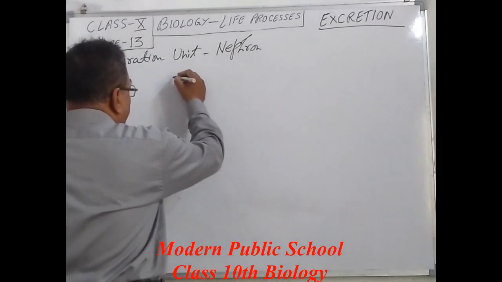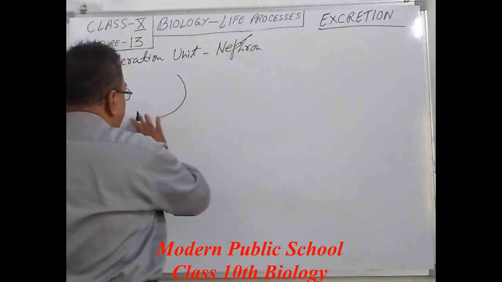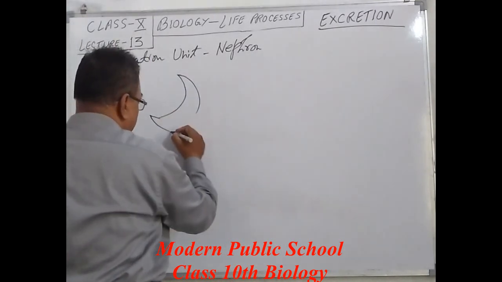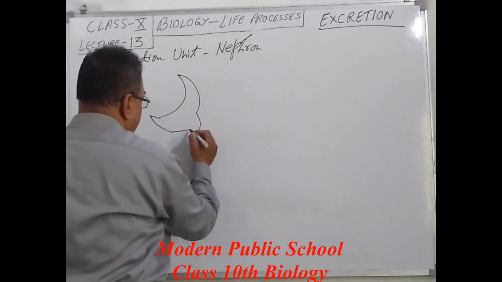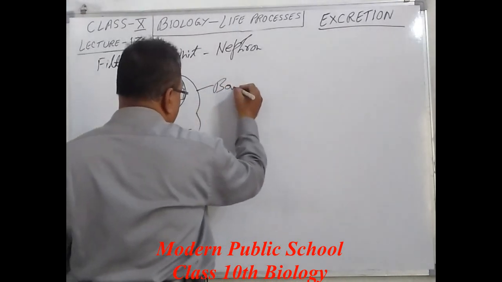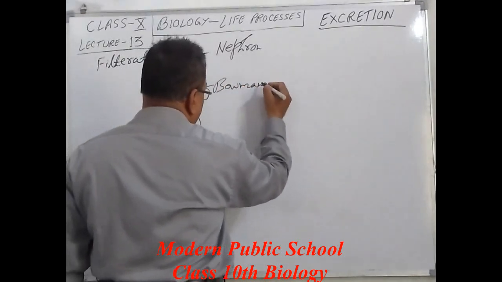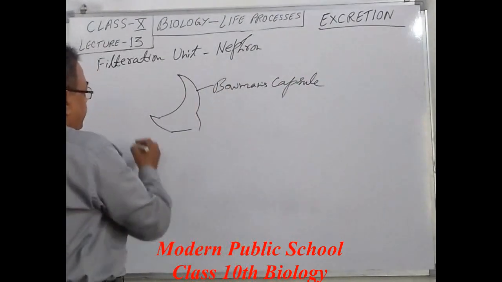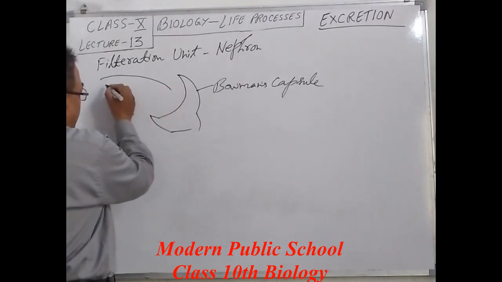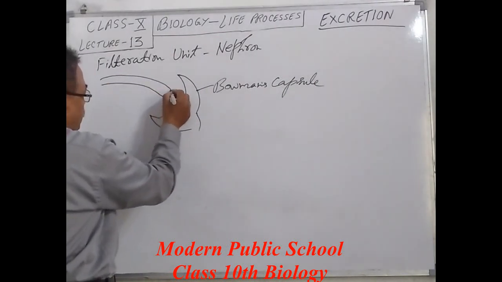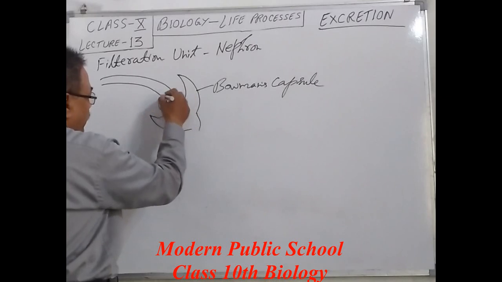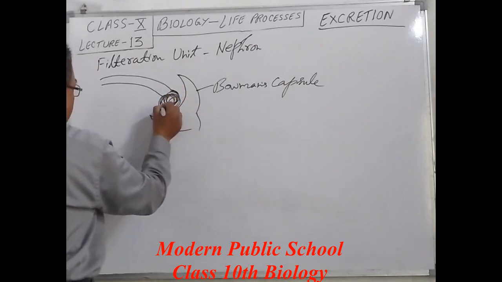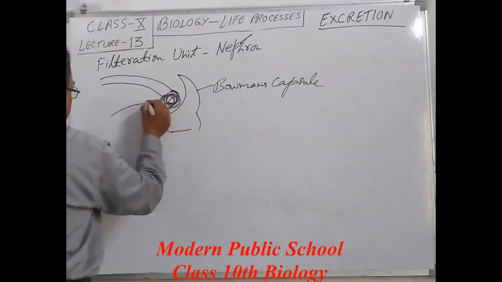Here, a cup-shaped structure is known as Bowman's capsule. Here a tube ultimately rounds up and comes out.